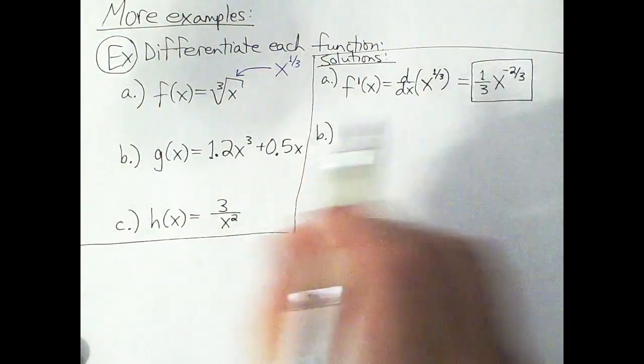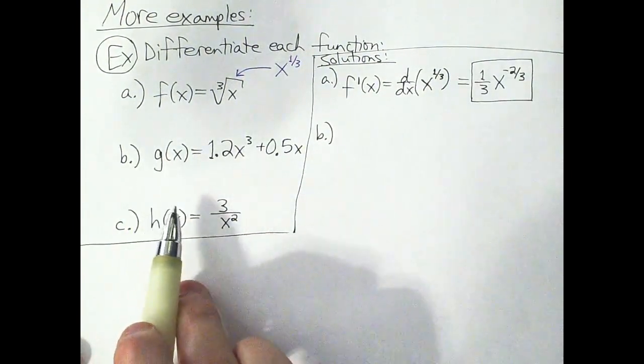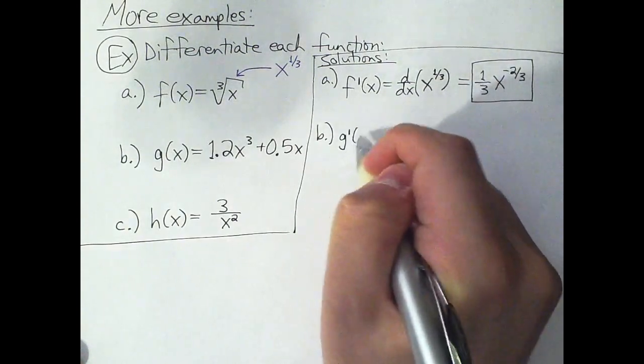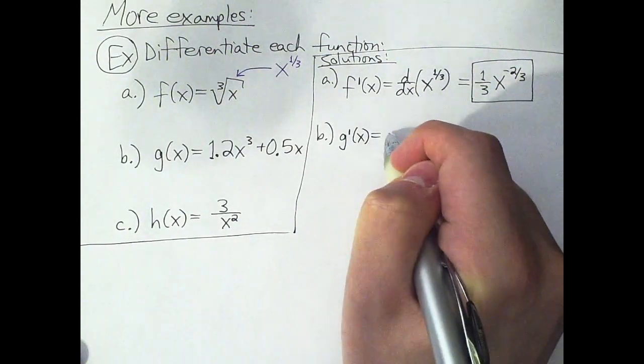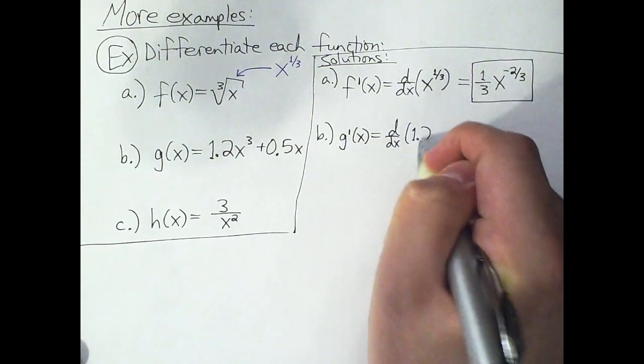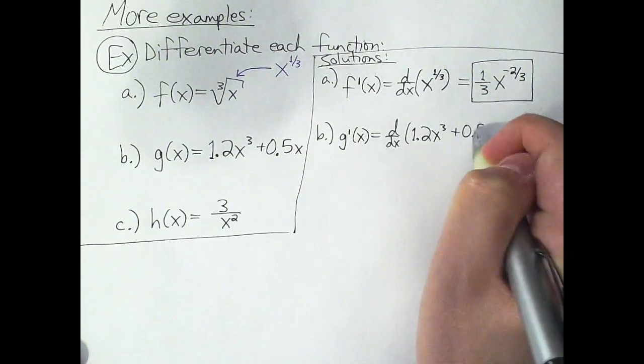So for part B, these functions are called g and h. That's fine. If the function is called g, then what we're really looking for is g prime. And it's the derivative of 1.2x cubed plus 0.5x.